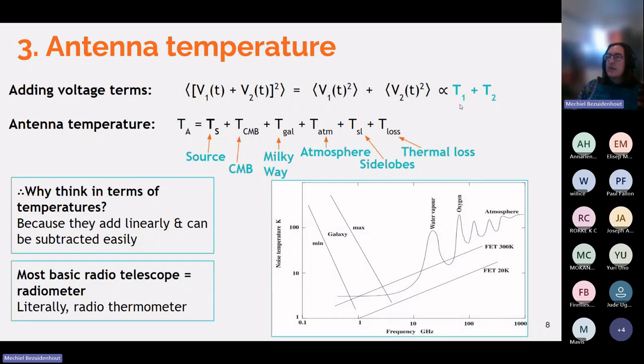So in other words, this temperature framing allows us to decompose the contributions of different sources of emission in terms of their brightness temperatures, which can be added linearly.